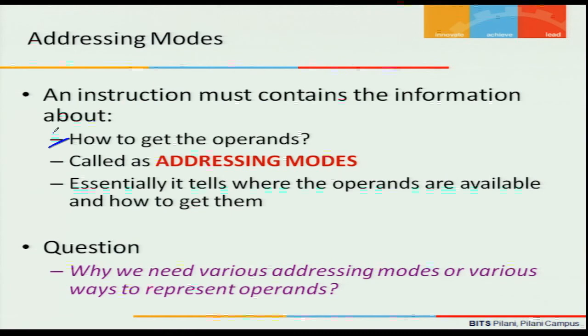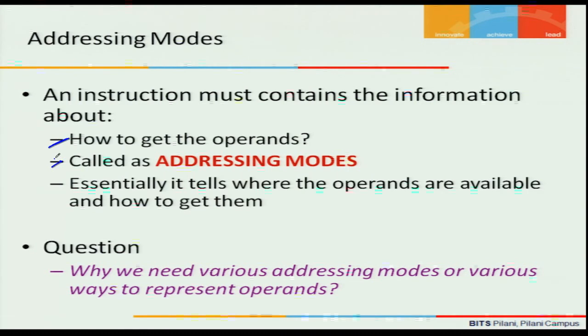Depending upon how the operands are obtained, you will get different addressing modes for the same instruction. For example, if you take the move instruction of 8086, which moves data from one location to another location, depending upon how the operands are specified, you will get different addressing modes for the same move instruction. So it is essentially going to tell us where the operands are available and how we get them.